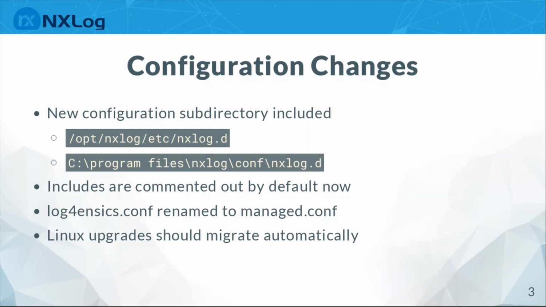So that should help out quite a bit from stock. The Linux upgrades should migrate the logforensics.conf file over automatically. For the Windows box, it'll be a little bit more of a manual process right now, unfortunately. We do have some descriptions of this in the release errata as well, to help out.